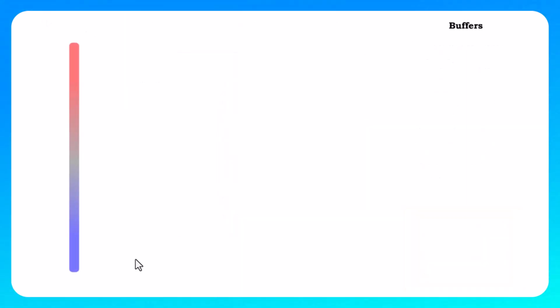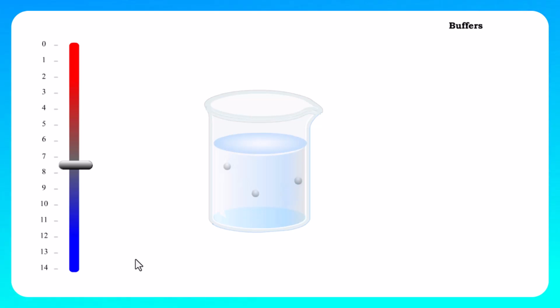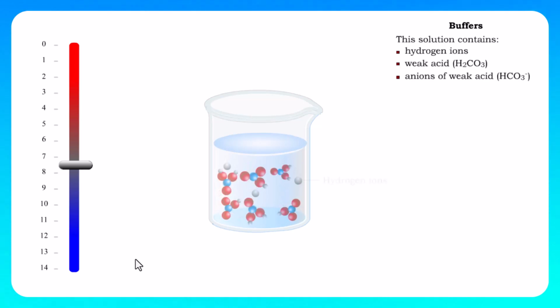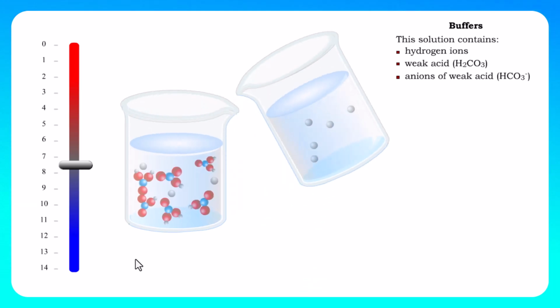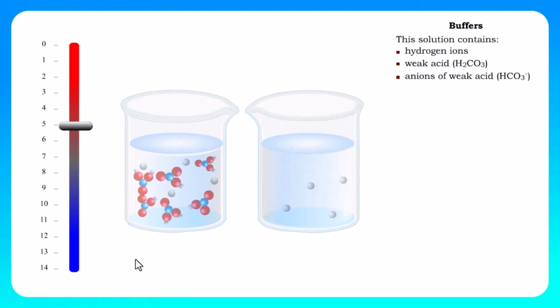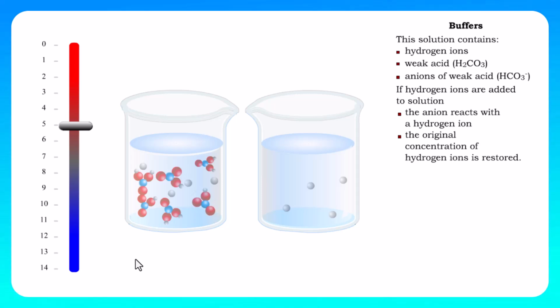Let's learn more about that. This solution contains hydrogen ions and buffers: a weak acid and anions from the salt of the weak acid. If hydrogen ions are added to the solution, the anion reacts with the hydrogen ions.